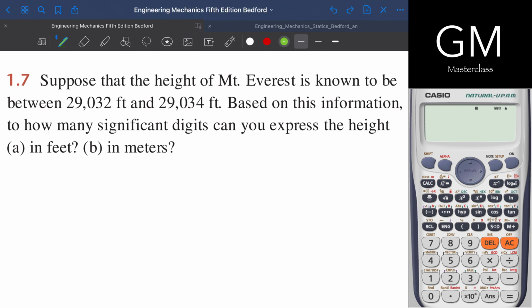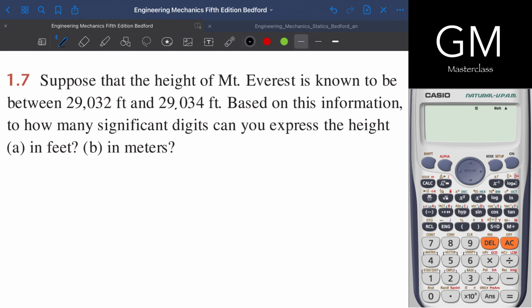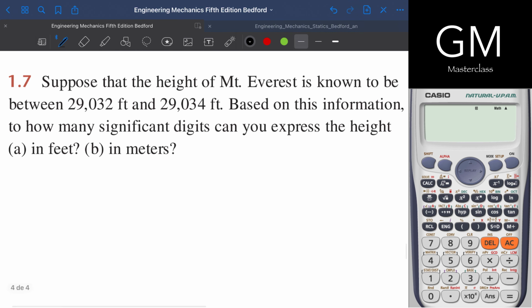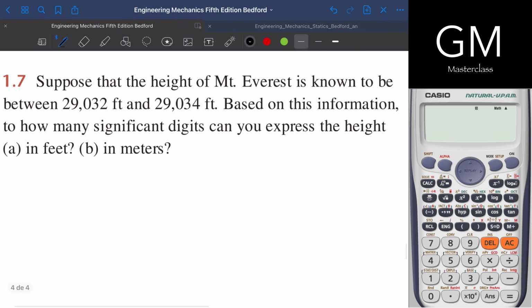And when the book, for example, uses a point here, then the book is telling us 29.034 feet. So that is important for us to know in order to not get confused with that.